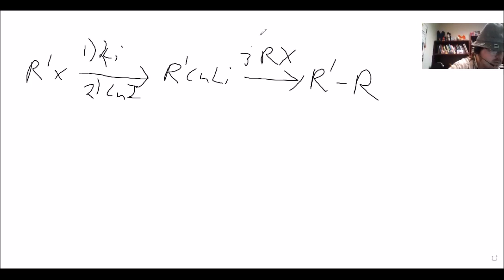Now, why are we doing this instead of, say, SN2? Well, it allows us to make unusual carbon-carbon bonds. We're not adding a nucleophile, we're adding 2 carbons together. You can snap together 2 vinyl groups.